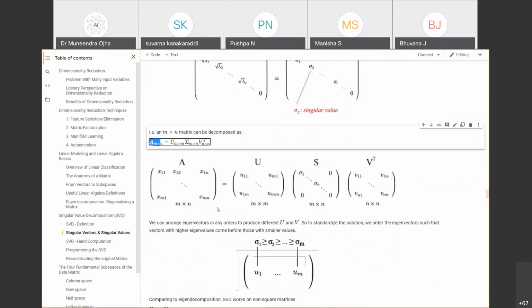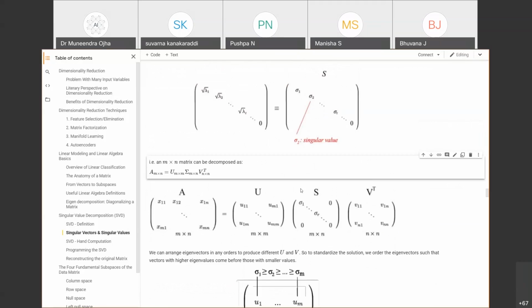You observe that A has been broken down into three subcomponents. These three subcomponents are created from our matrix A only. How do we obtain U?